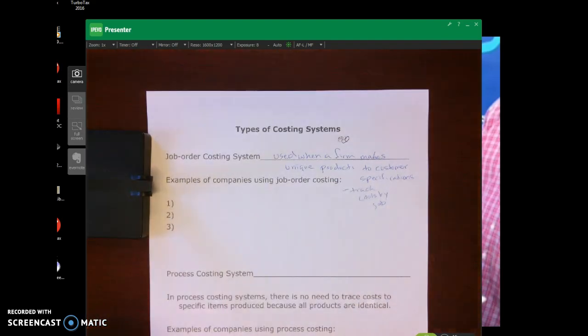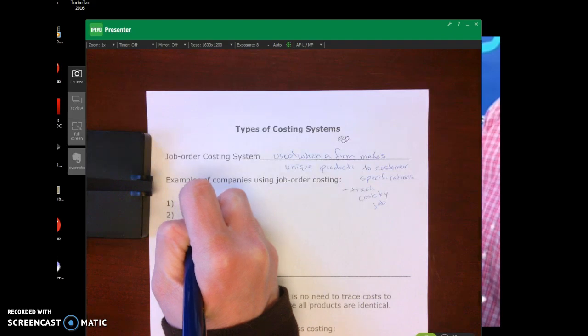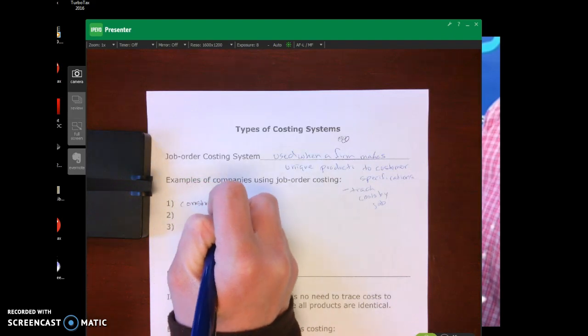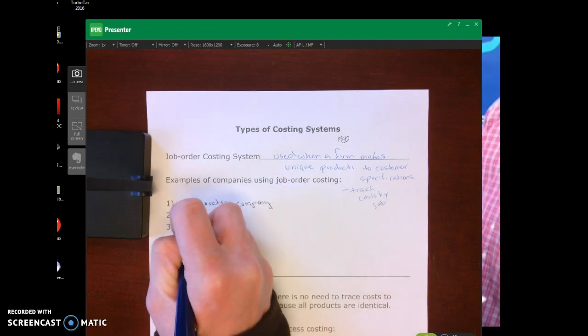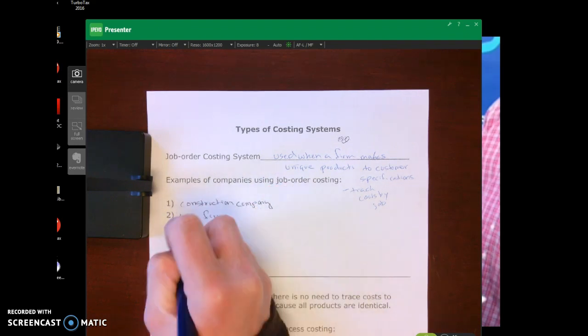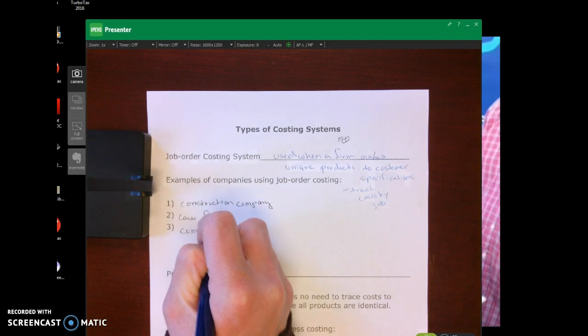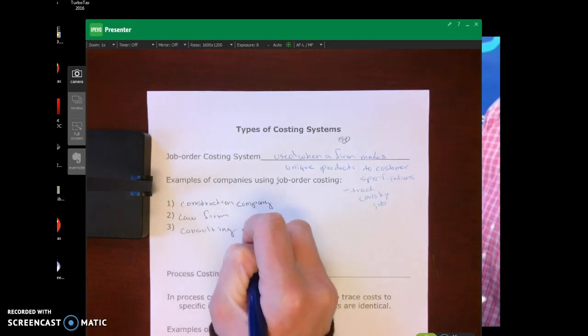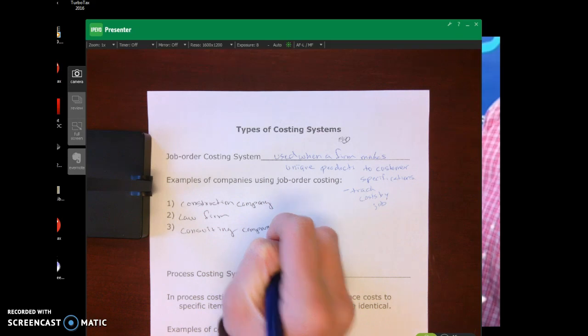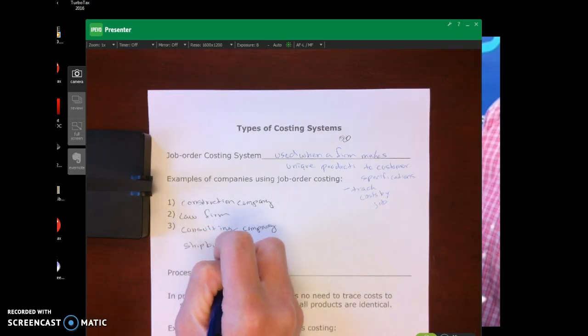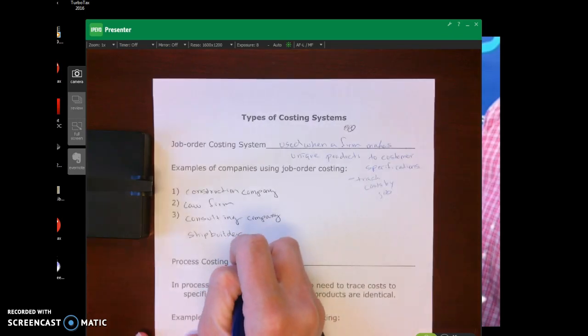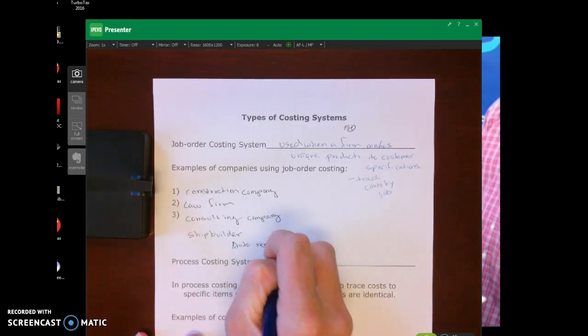Examples of companies using job costing systems, we could say a construction or home construction company. We could say a law firm, consulting company, we could say a shipbuilder. Okay. We could say an auto repair shop.